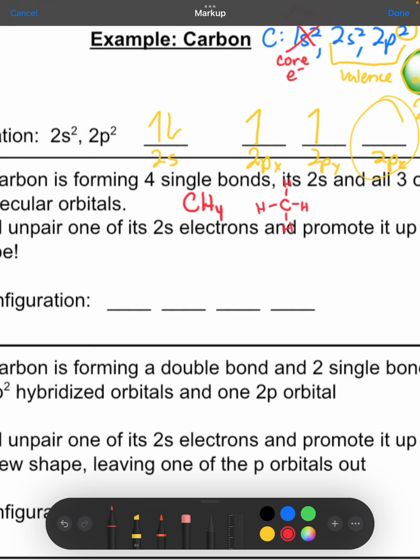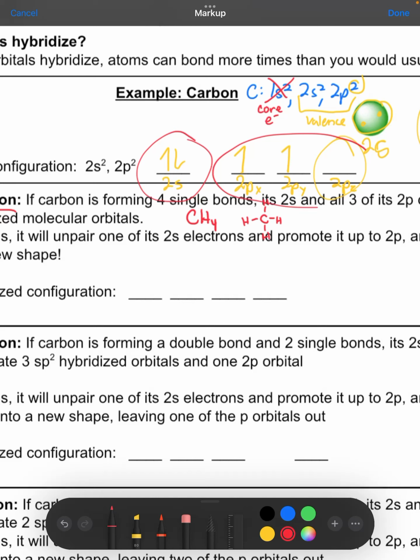All right, when that happens, the 2s and all 3 of those 2p orbital spaces are going to smash themselves together and hybridize. Okay, so this downward spin electron that is paired up in that 2s subshell actually gets promoted up during that hybridization process and becomes an upward spin electron to occupy that 2pz space.